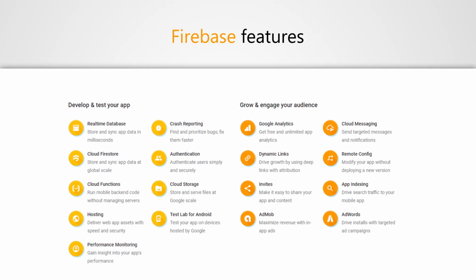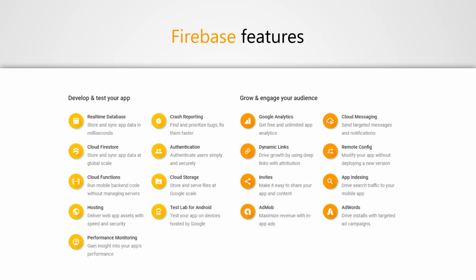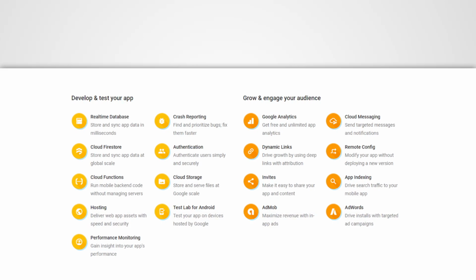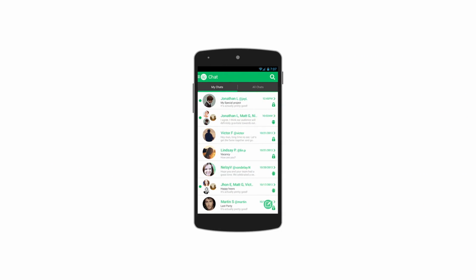Anyway, let's get started. As I told you, Firebase has a lot of different features, like push notifications, data management, database, and Google authentication. We can even use Firebase to make a variety of applications, like a chat application.